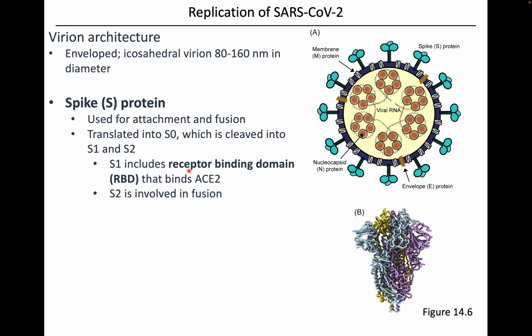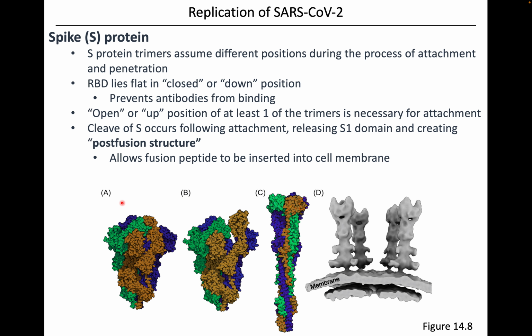S1, we know, is the part that has the receptor binding domain that's going to interact with the ACE2 receptor on the surface of the cells. And then the S2 component is important for membrane fusion, basically uncoating, starting that whole process.